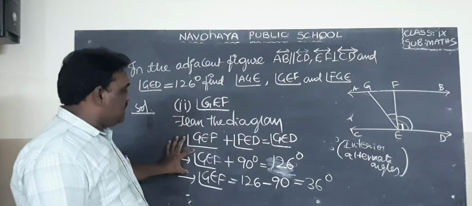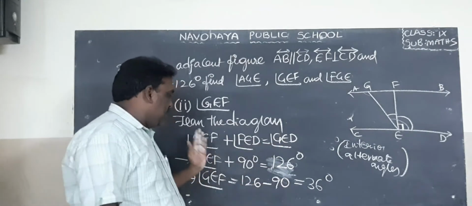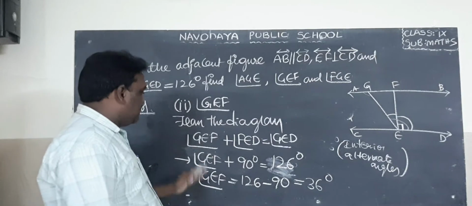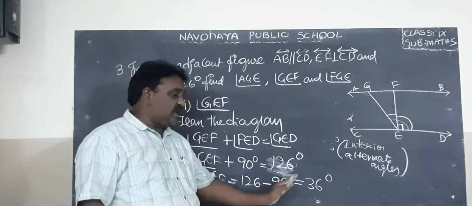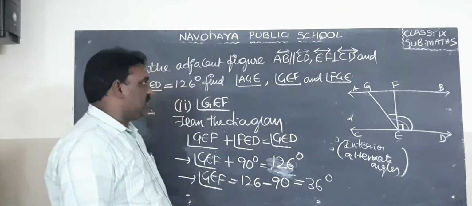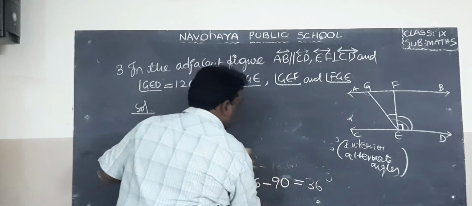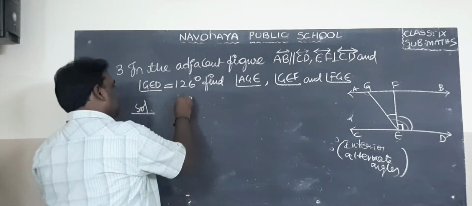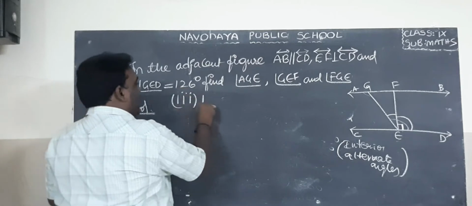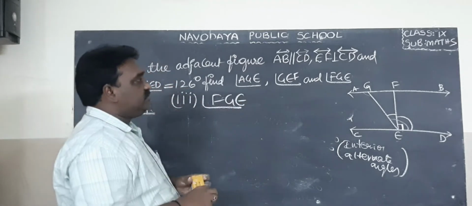First one GEF, second one 90 degrees equal to 126. 90 is moving to right side, plus 90 becomes minus 90. 126 minus 90 how much? 36. Second one completed. Third one is what? Angle FGE. Number 3. Angle FGE. Third one is what?